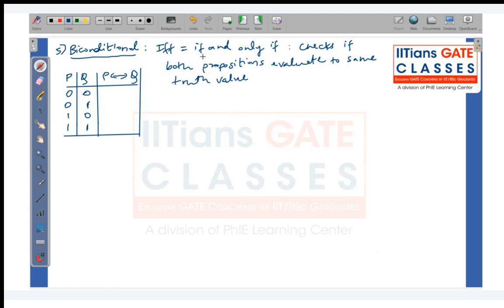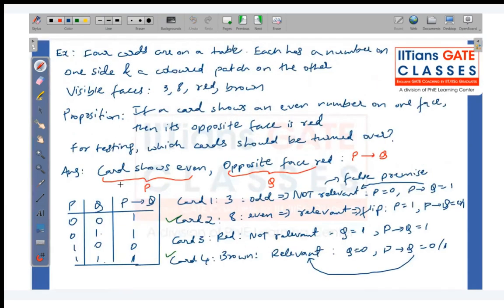Propositions from both sides should be true. Two arrows are there: P implies Q and Q implies P. Okay, so 1, then 0, 0, 1. In the previous case, it was true implying false, that was the issue.